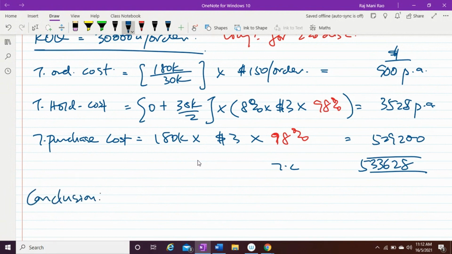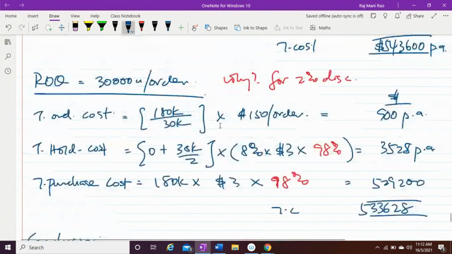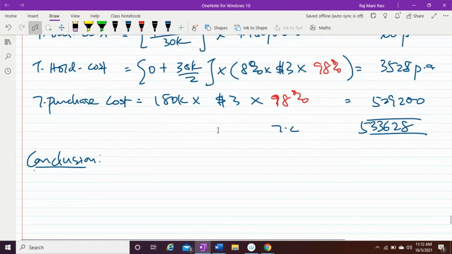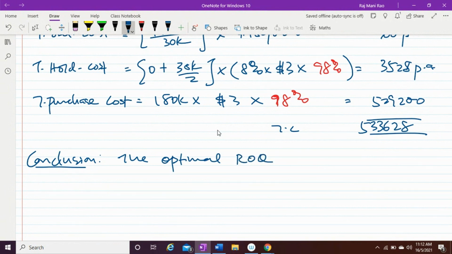So what is your conclusion? How much do you want to order? The optimal reorder quantity should be what?